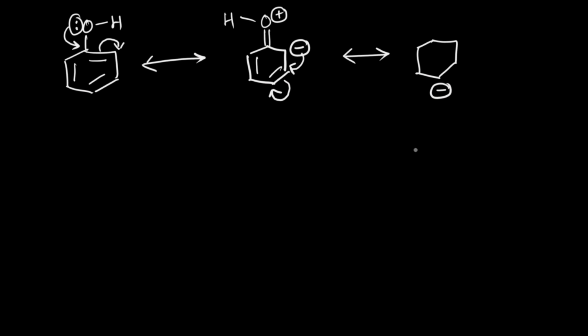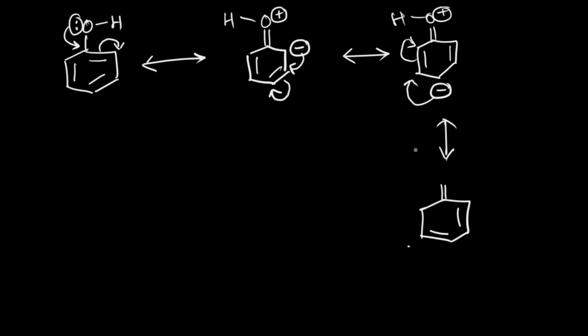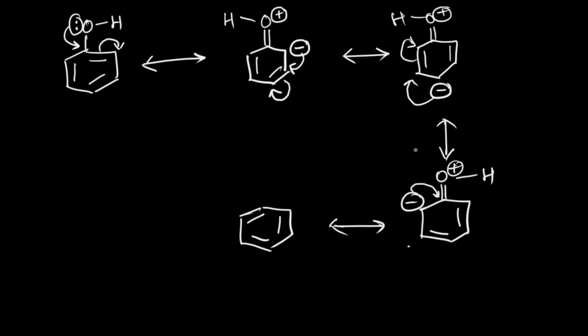So the negative charge produced over here, the double bond comes here, oxygen with the positive charge. Then once again double bond, double bond, double bond, O with the positive with hydrogen, and a negative charge goes to another ortho position, which makes it again the benzene structure with varying double and single bonds, right?